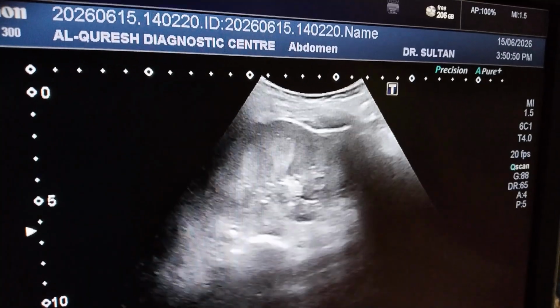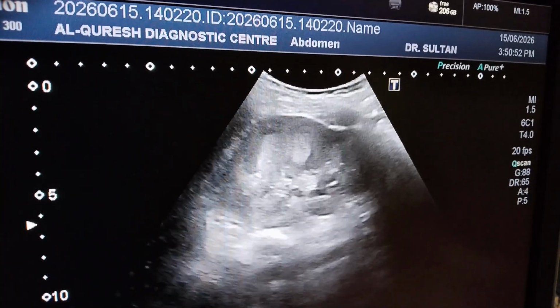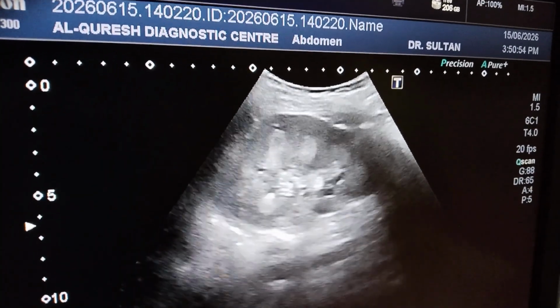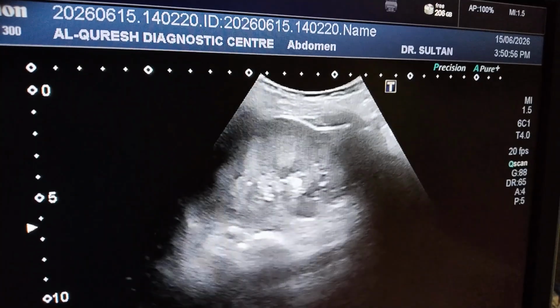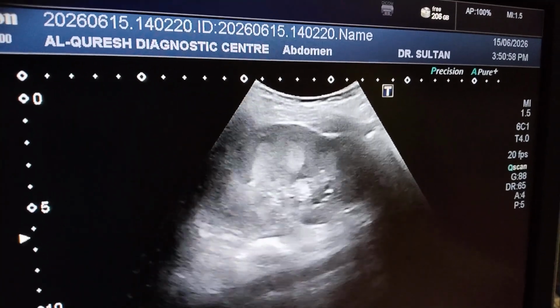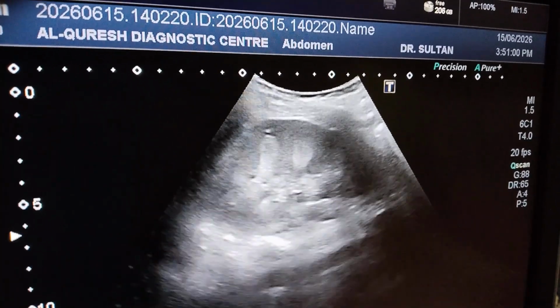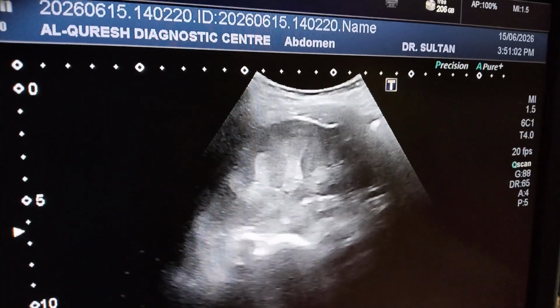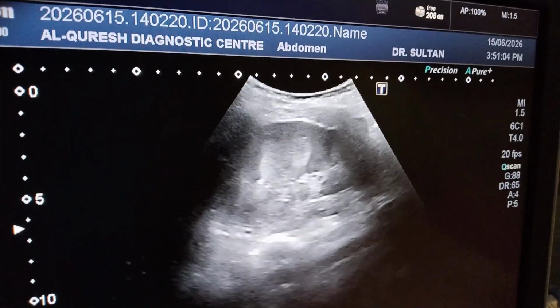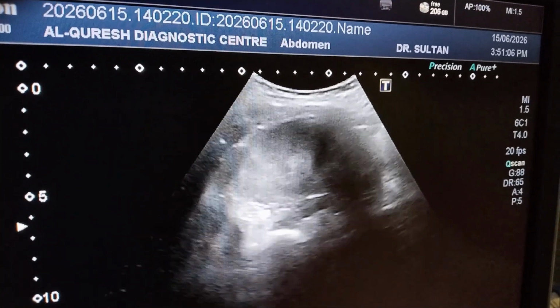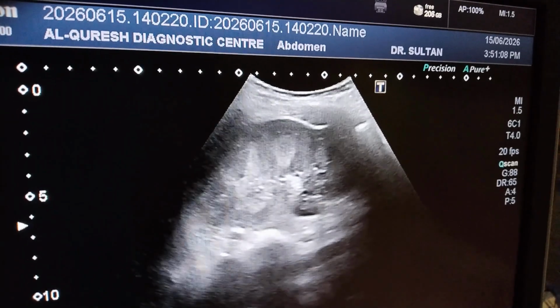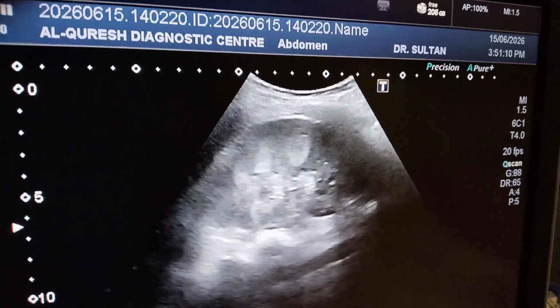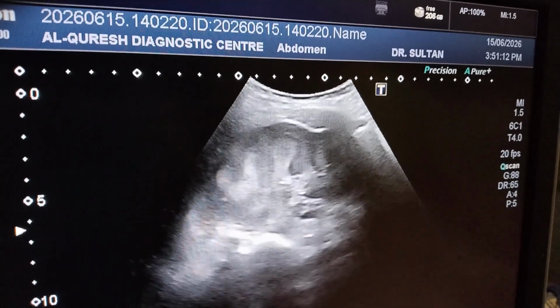What is the cause of hyperechoic renal pyramids? Is there any pathology? So the lab findings will help to conclude. So we can now say that this is the bilateral early onset medullary nephrocalcinosis.